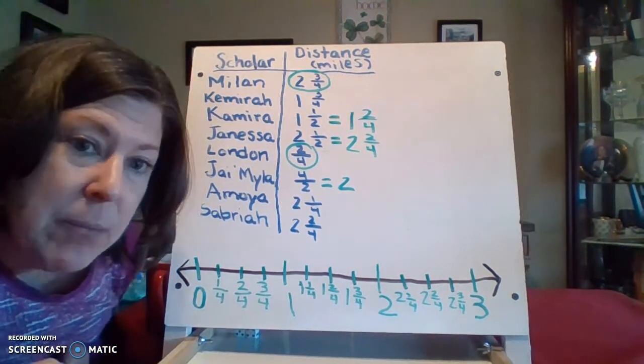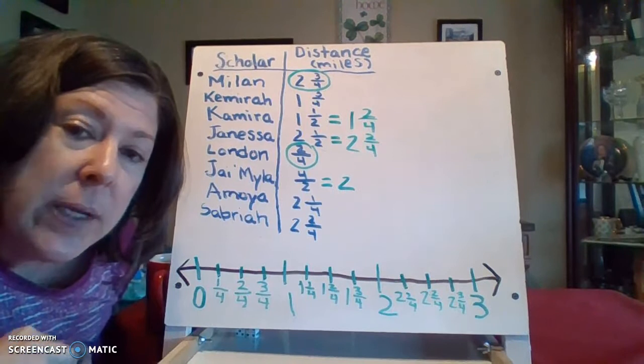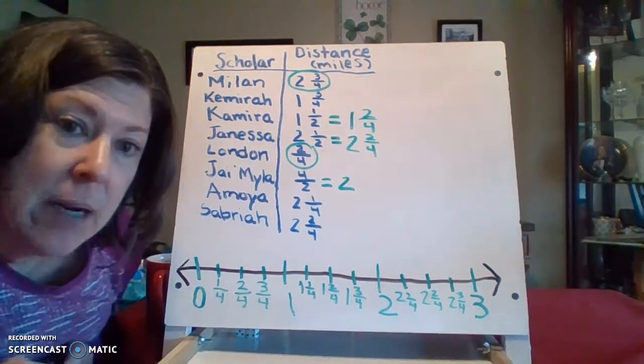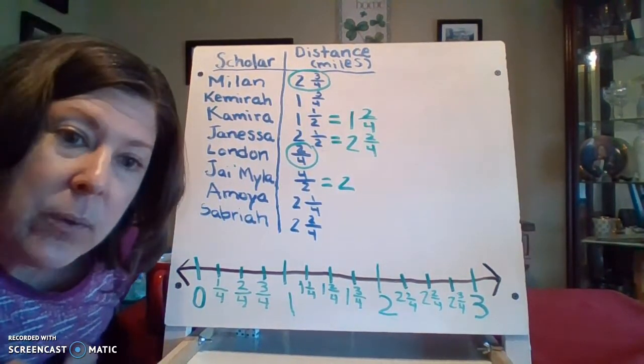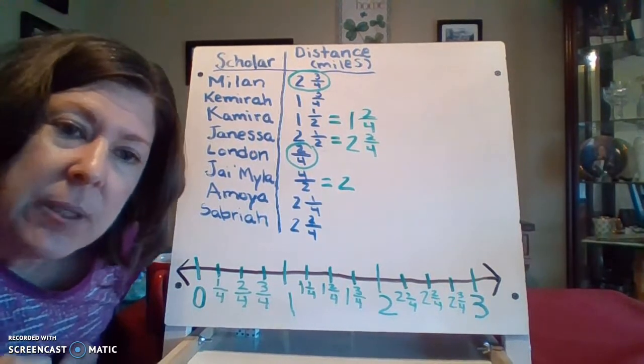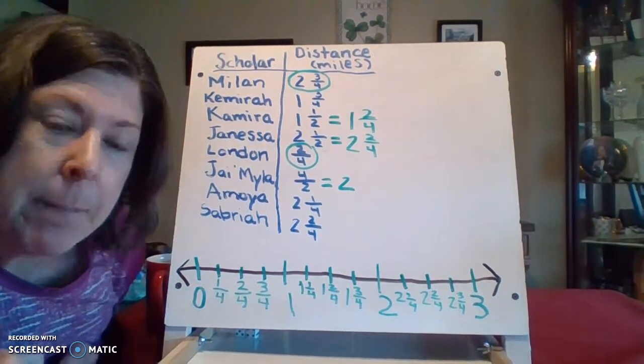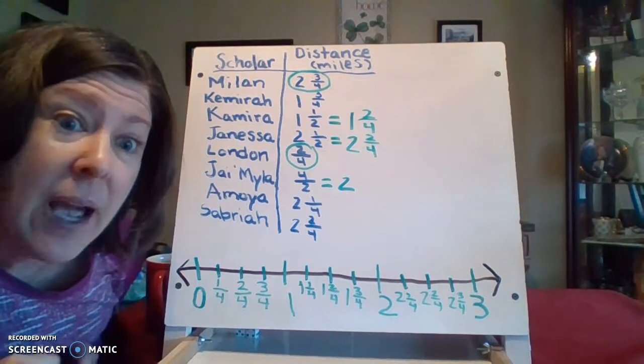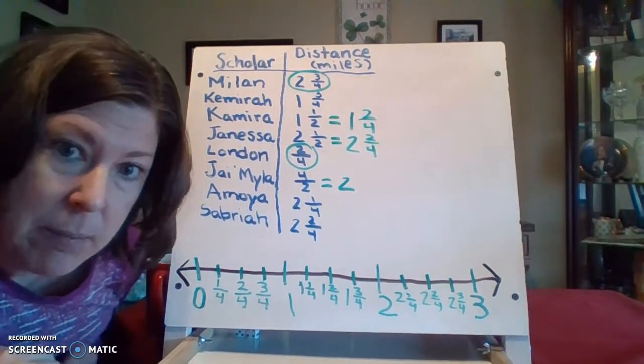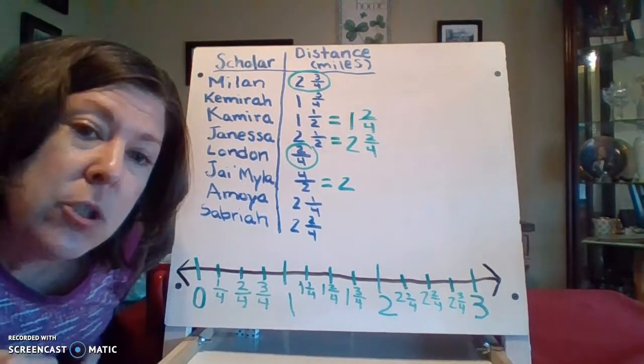Now that I have my number line set up, I'm going to plot the data on my number line. When we've plotted other values on the number line, we've used a point right on the line. A line plot is different because there's a lot of data going on the number line. So I'm going to start with 2 and 3/4.